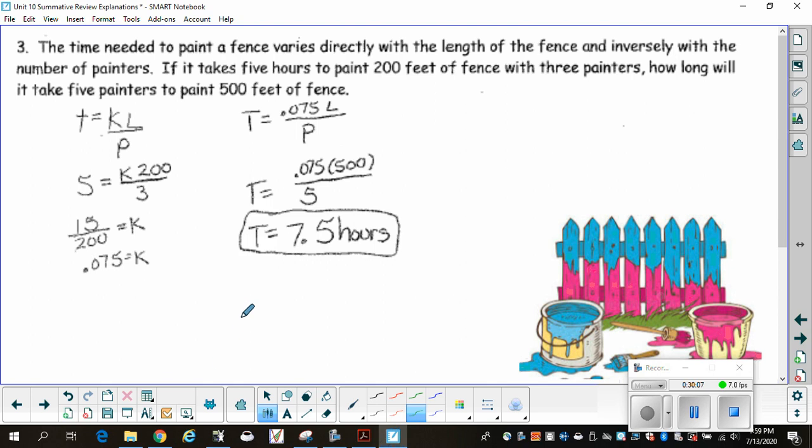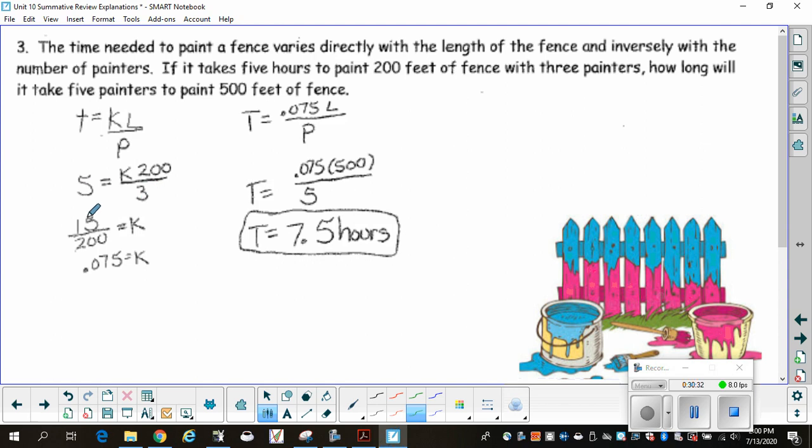Number 3: the time needed to paint a fence varies directly with the length of the fence and inversely with the number of painters. Time varies directly with the length and inversely with the painters, so this is a combined variation. You take what you know: it takes 5 hours to paint 200 feet using 3 painters.